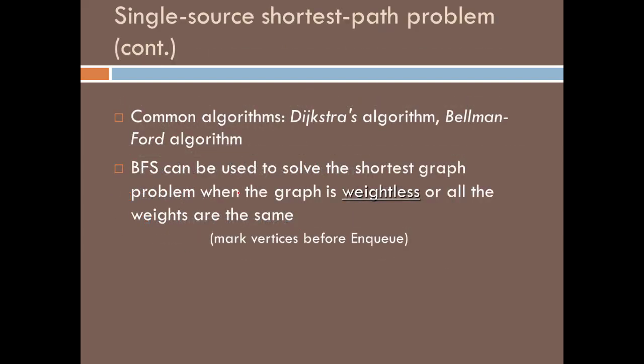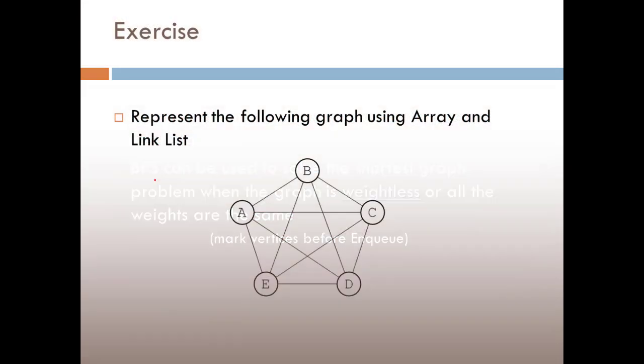Common algorithms to find this are Dijkstra's algorithm and the Bellman-Ford algorithm. BFS can be used to solve the shortest path problem when the graph is weightless or all the weights are the same. Otherwise, we need to use Dijkstra and Bellman-Ford for finding single source shortest paths.